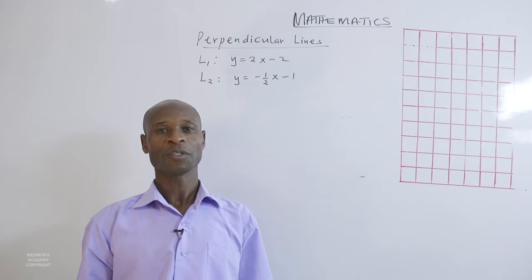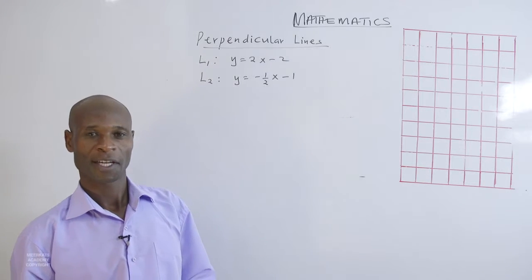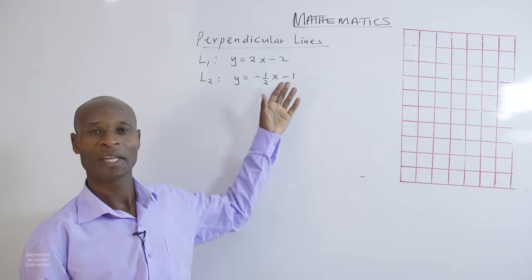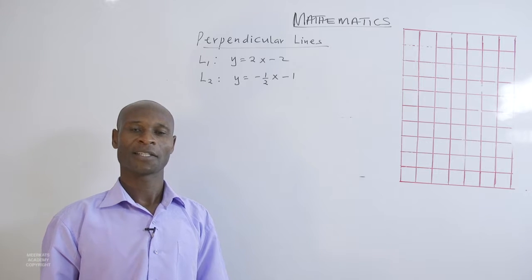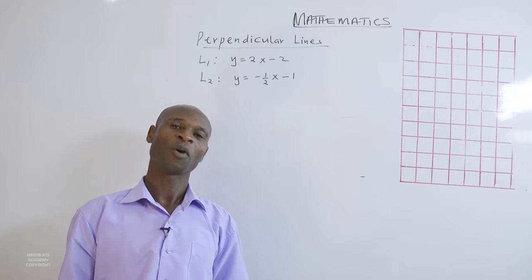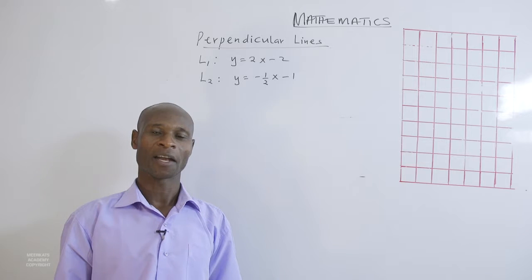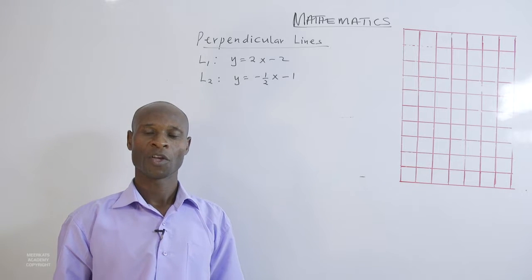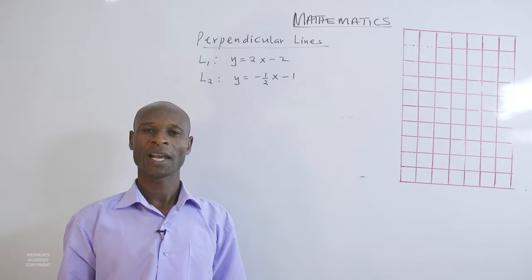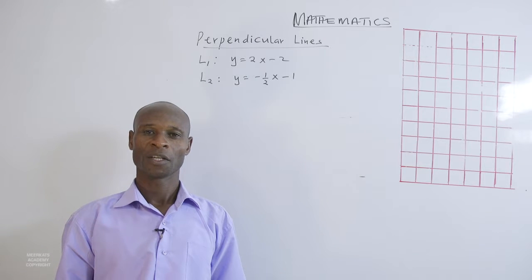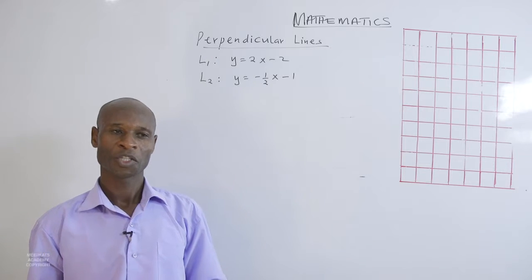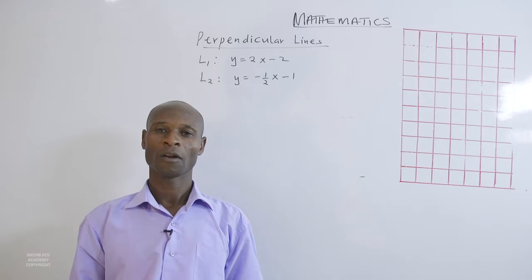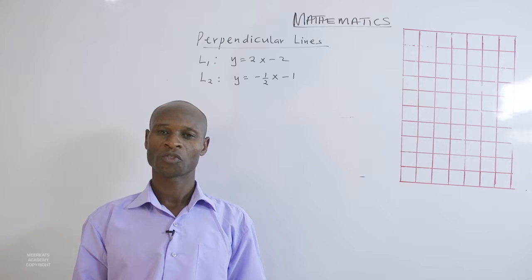So in today's lesson, we want to extend the discussion to perpendicular lines. We need to understand that perpendicular lines are common place in mathematics and in the world around us. Perpendicular lines can be used to construct rectangular shapes, which are very useful in building and construction of modern structures.